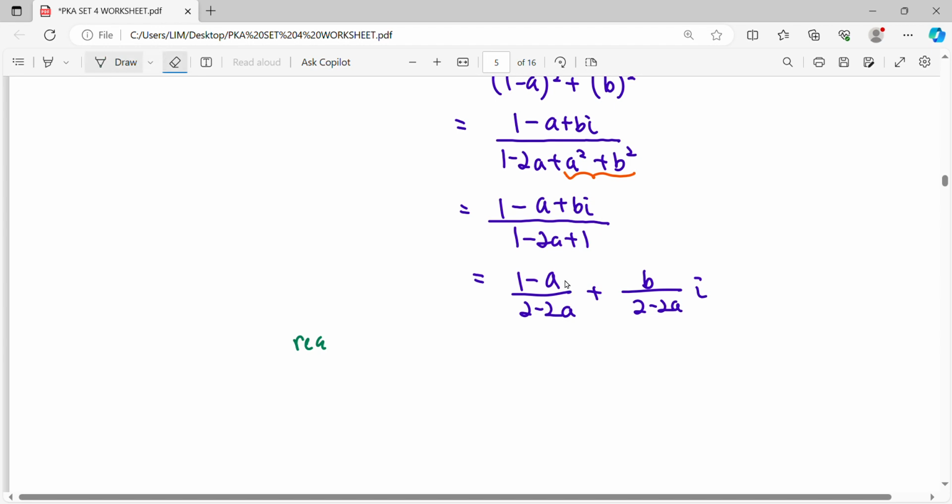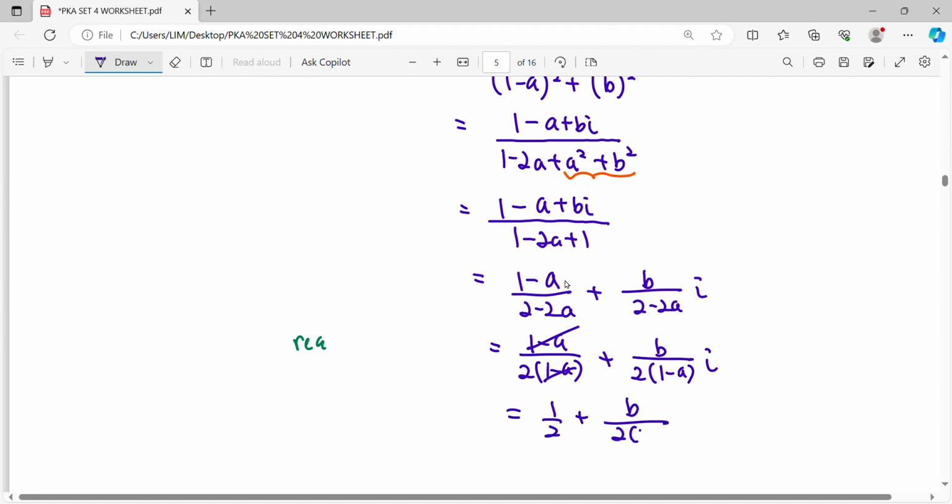You can still simplify. As you can see, in 1 minus a, when you take out 2, you can still simplify. It gives 1/2. So therefore, the real part of this division is 1/2.